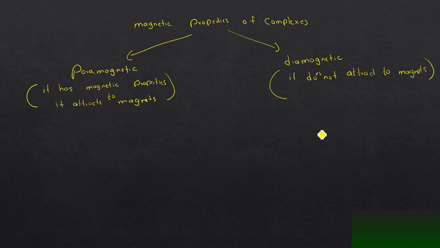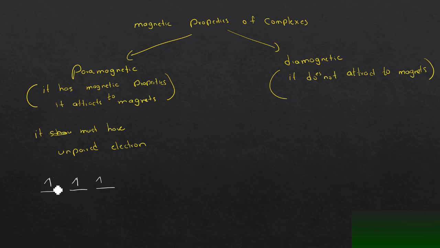So how can we identify whether a complex is paramagnetic or diamagnetic? If a complex is paramagnetic, then it must have unpaired electrons. What are unpaired electrons? Say here we have 3 orbitals.